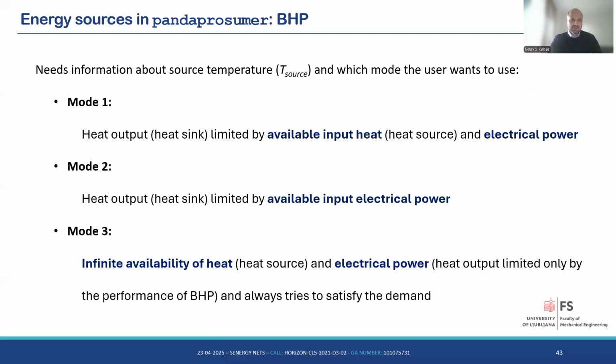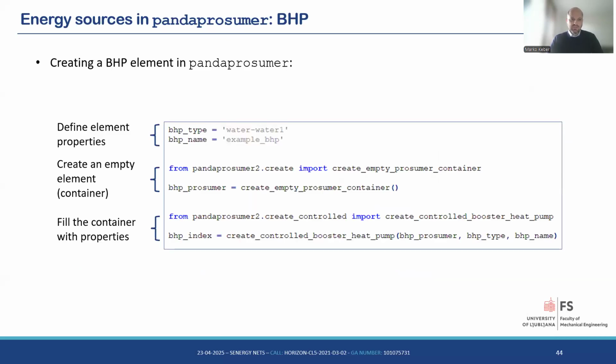And finally, mode 3 is connected to the grid, an ideal grid, I should say, where it takes as much energy as it needs to always satisfy the demand. This is probably something that will be of use for users who will design district heating or other district systems.